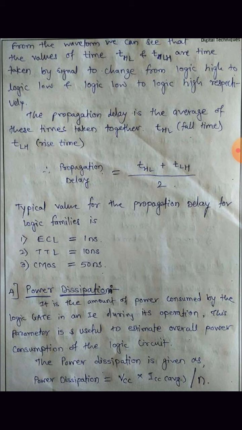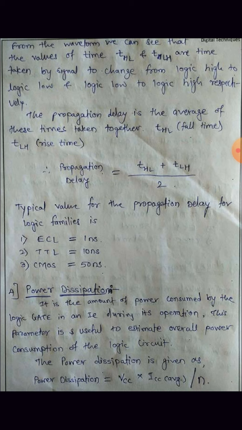Now what is the exact power dissipation? During the practical we observe that ICs become heated, or we feel the temperature when we touch the different ICs after a long operation.